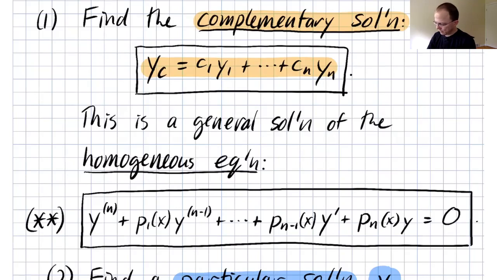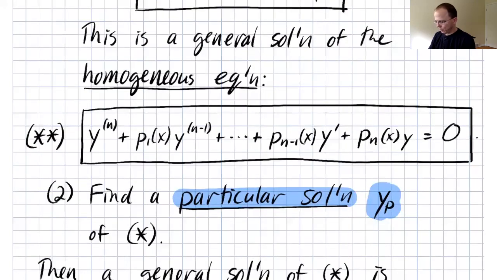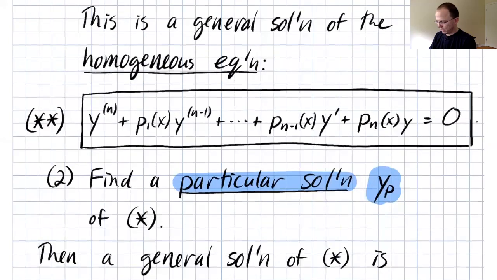Once we have this general solution for the homogeneous equation, all we need to solve our differential equation is just a single particular solution of the equation.